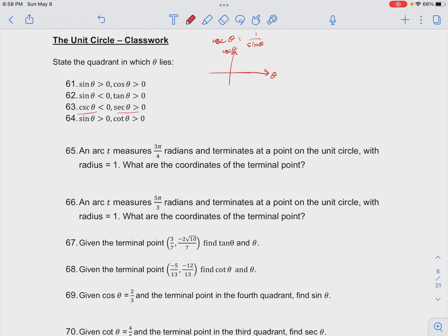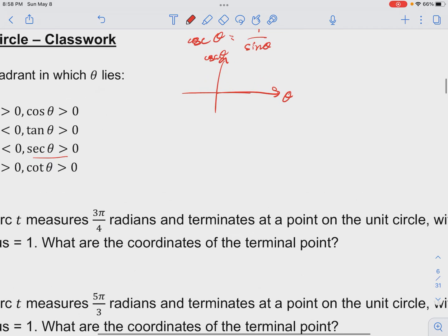Then for cosecant, if we imagine that sine starts from 0, goes to 1, then drops back to 0, and comes to -1, so this would be an angle of pi over 2, this would be pi, this would be 3 pi over 2, and this is 2 pi.